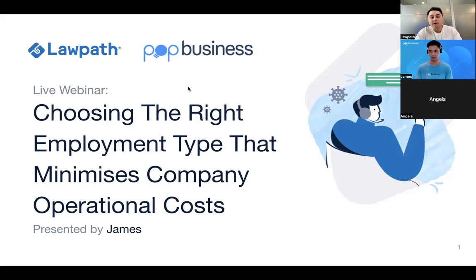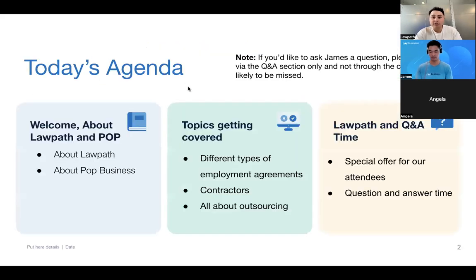So on to today's agenda and what we're going to be covering, we'll go through a bit about Lawpath. A lot of attendees today are probably quite familiar with Pop, and you might have worked with them before, but you might not be too across what Lawpath offers and how we can help. We'll be going through Pop Business and how they can help with all your employment questions from an accounting perspective, as well as outsourcing and accounting advice.